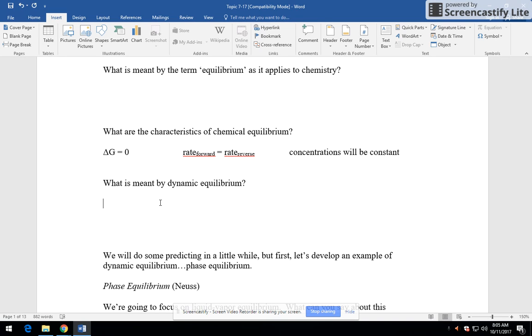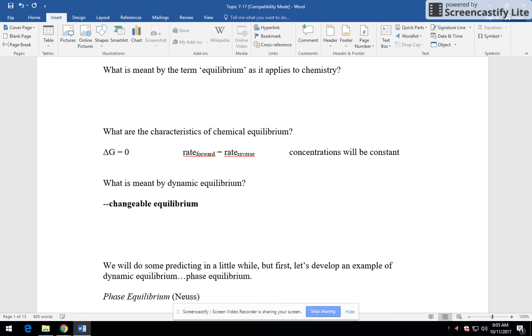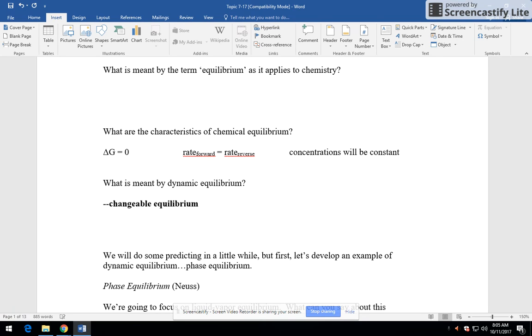Okay, a dynamic equilibrium is specifically a changeable equilibrium. And we're going to see that this year, shortly in this topic.